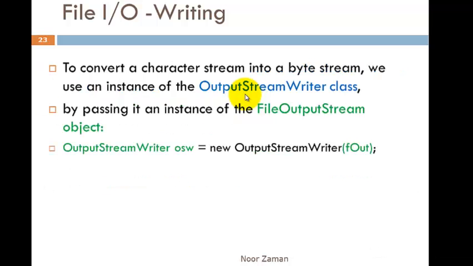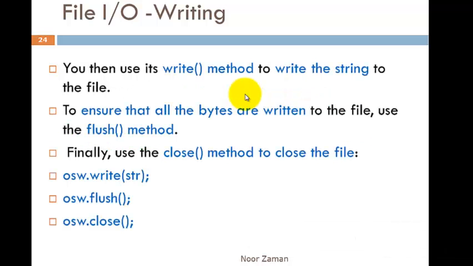Then we use the OutputStreamWriter class, and we pass the object of the FileOutputStream class. And finally we use the different methods, like the write method, flush method, and close method.